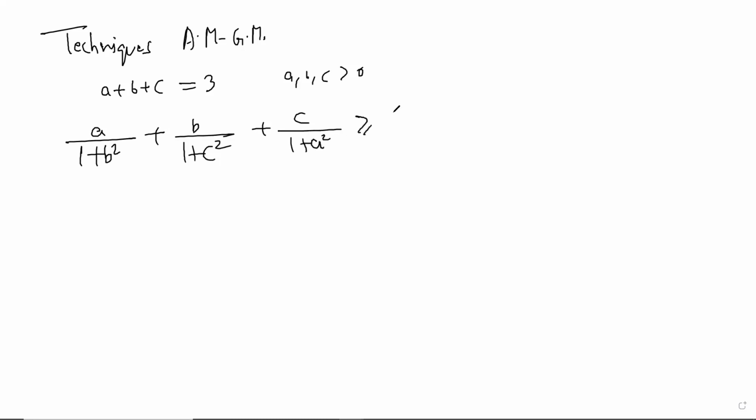Just show that this is at least 3/2. Of course, if you can use some other inequality to do it, that's also perfect. There's no requirement that you have to use only this.